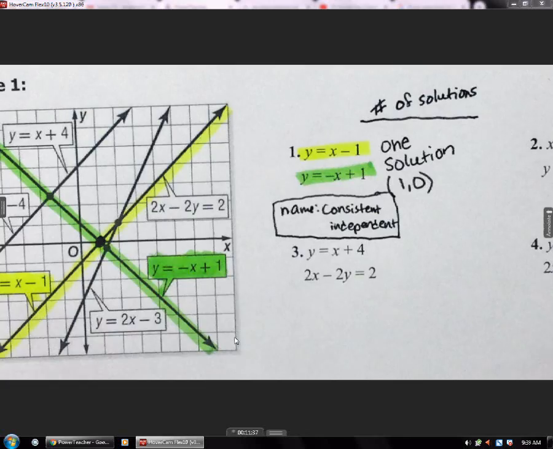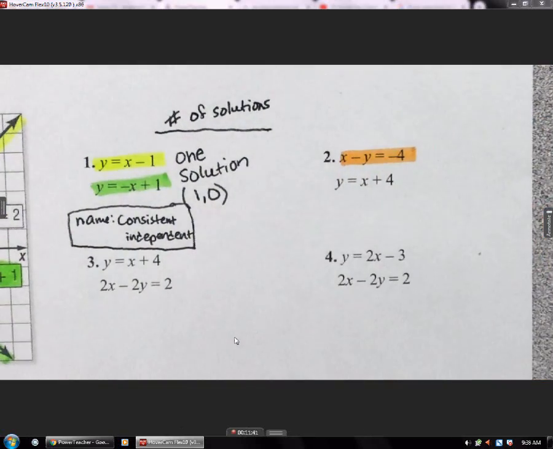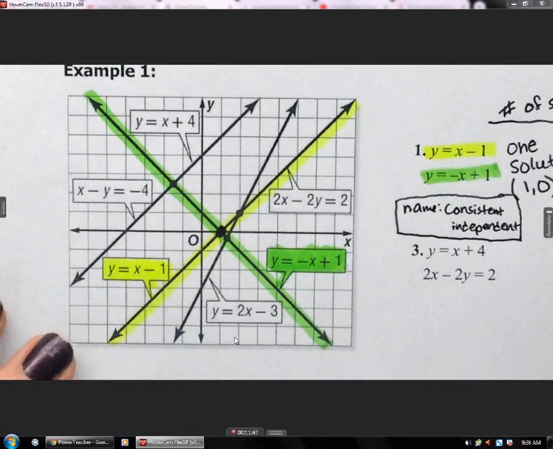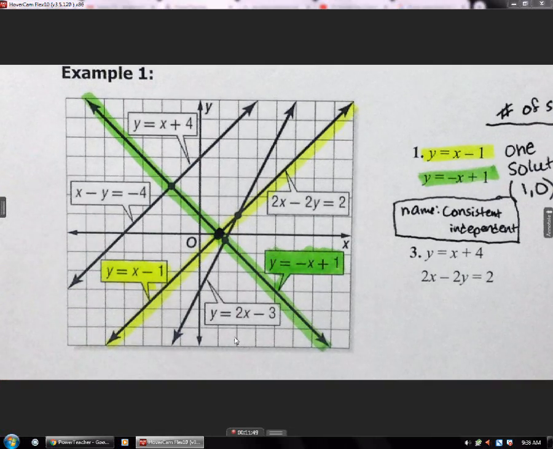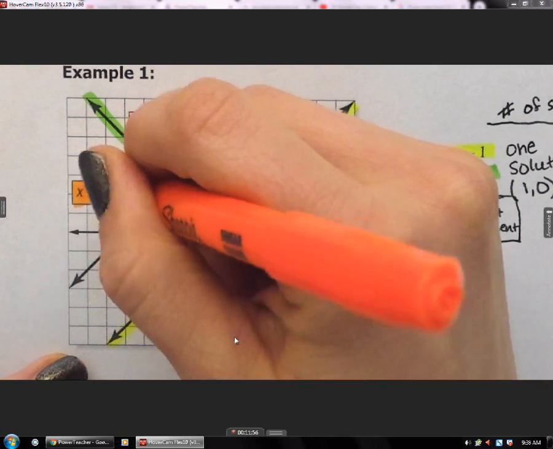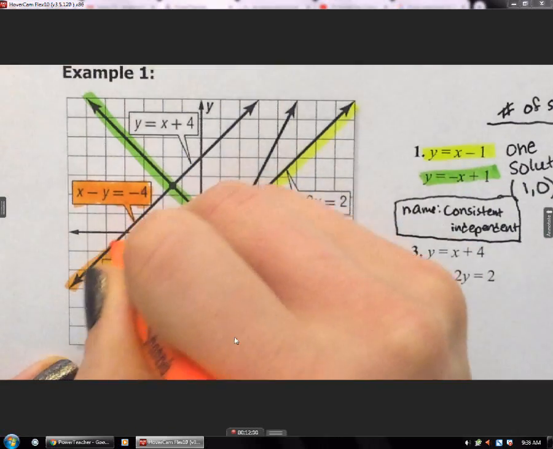Okay, let's try number 2. Find on your graph x minus y equals -4. Where is that? I'm going to make that guy orange. So here's x minus y equals -4.